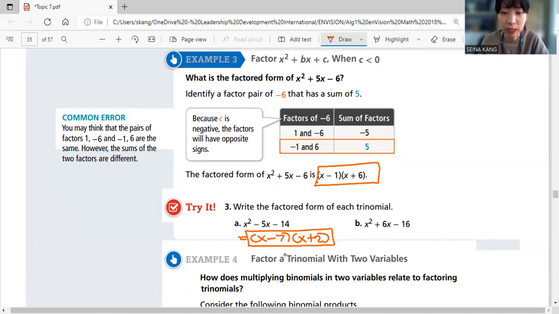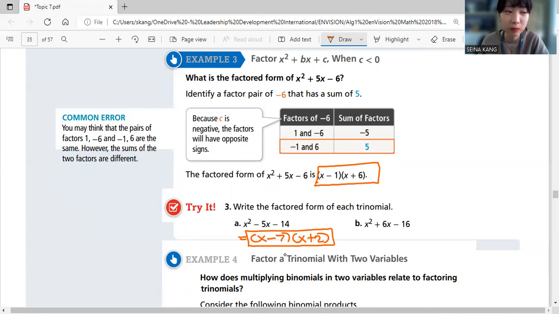Okay, 3B. x squared plus 6x minus 16. What are two factors of 16 that multiply to negative 16 and add up to positive 6? Okay, 8 and 2. Which one is the negative?